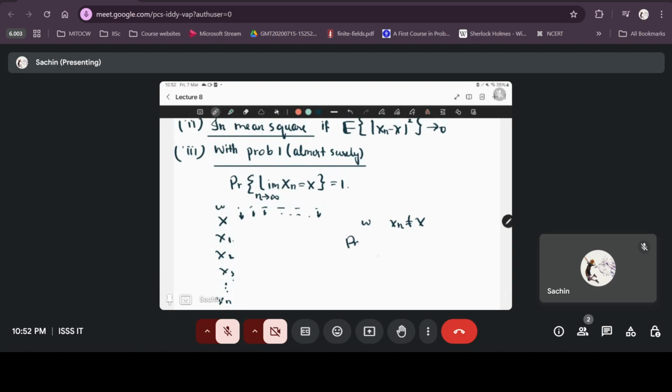and as you increase n, the probability of this set of outcomes should be equal to 0.